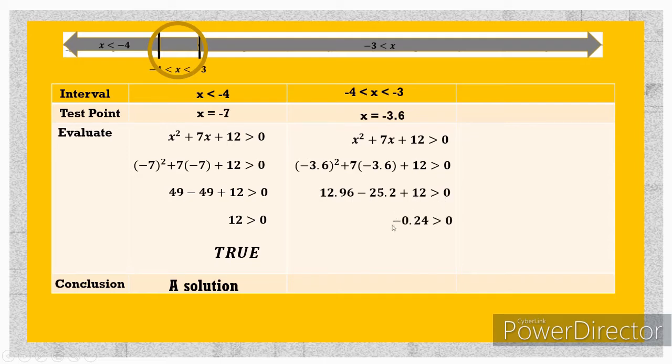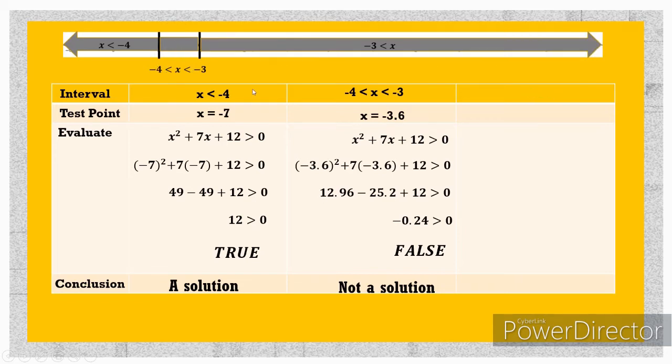So, we have negative 0.24 is greater than 0. Is this correct? No, this is false. Meaning, this is false. Negative 0.24 is less than 0 dapat. So, for the conclusion, this one is not a solution. So, ibig sabihin, hindi solution ng quadratic inequality yung interval na to.